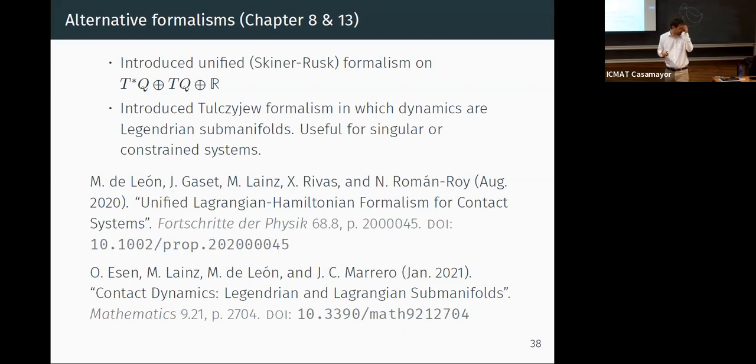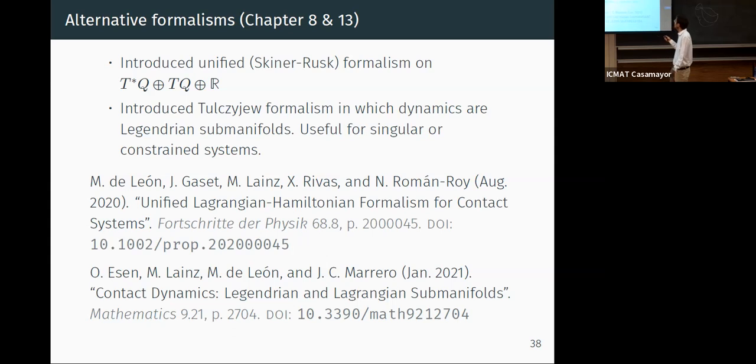Okay, other things we've worked on are other formalisms for mechanics. One of them is the unified formalism, which is a formalism that includes both the Hamiltonian and the Lagrangian formalism, and it takes place on the Whitney sum of the cotangent bundle, the tangent bundle, and the action R. We also introduced the Tulczyjew formalism.